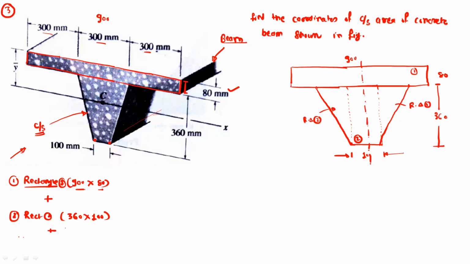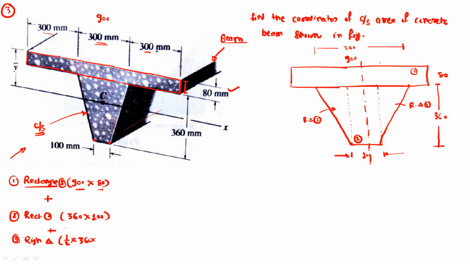Then add the third geometry. So it is a right angle triangle, and the dimension is 1 by 2. So basically I am writing the area: 1 by 2, its height is 360 into base. So the base, if you observe, this total is 300.